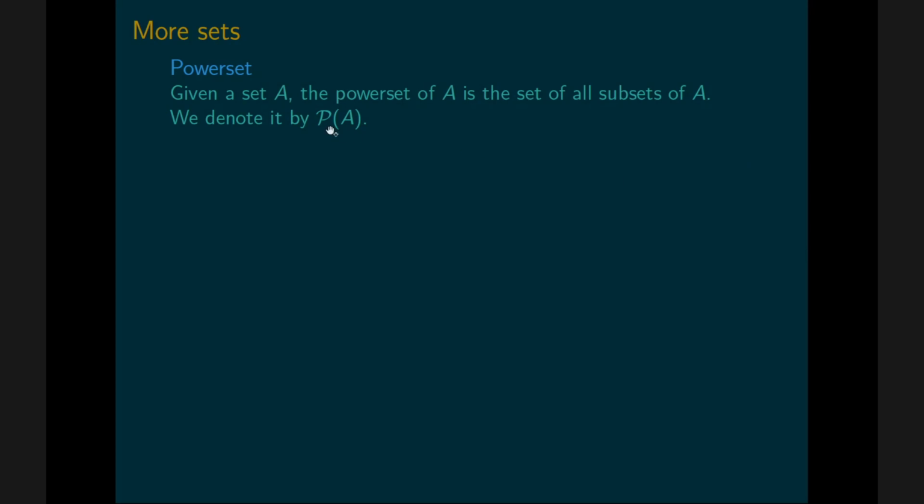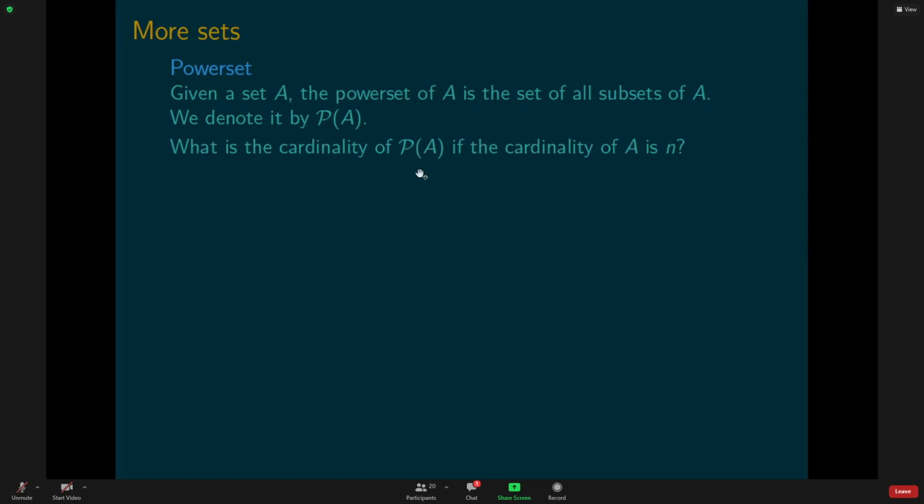Yes, but what is the cardinality of the power set of A? It's something like R exponent 2 or R exponent n. Well, if the cardinality of A is n, then what is the cardinality of P of A?